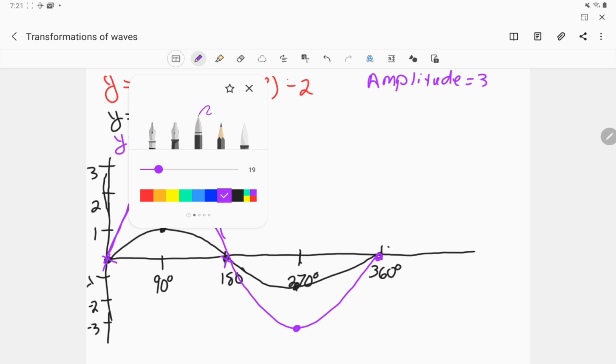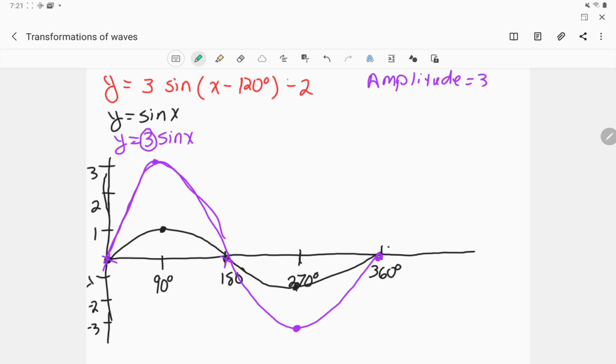So now I'm going to do this color. Now we're going to do y is equal to 3 sine x minus 120 degrees.